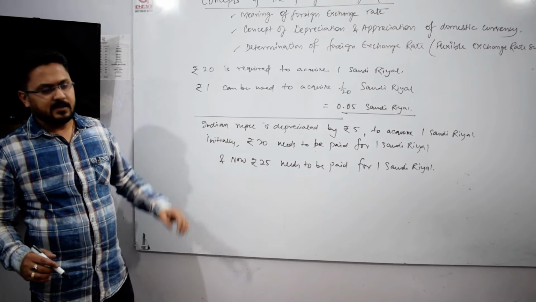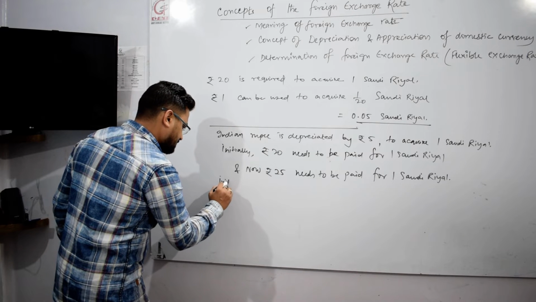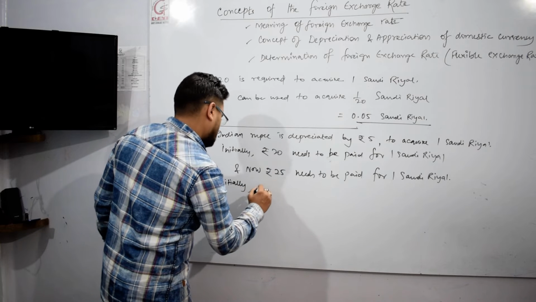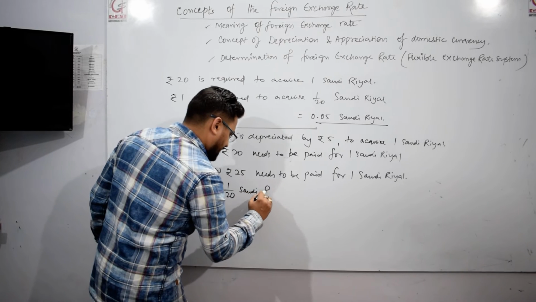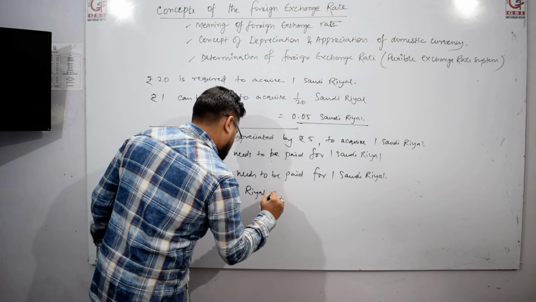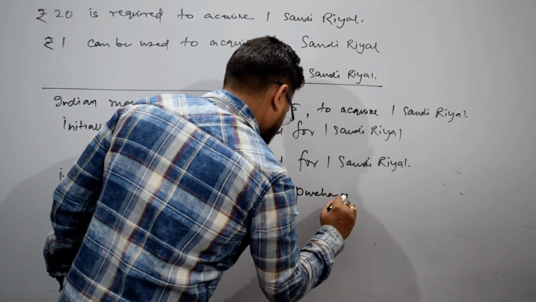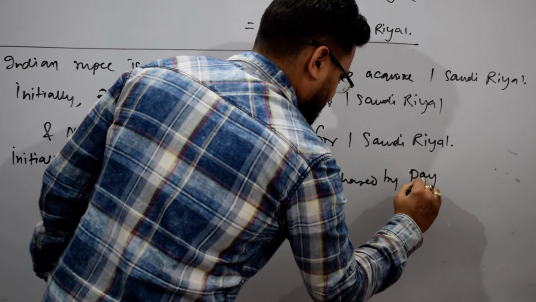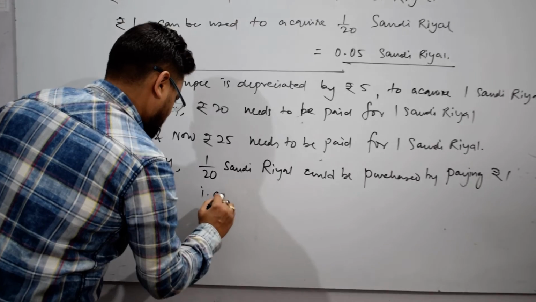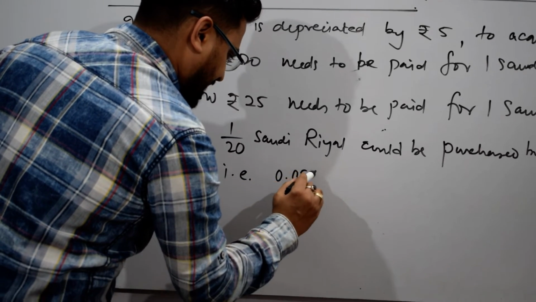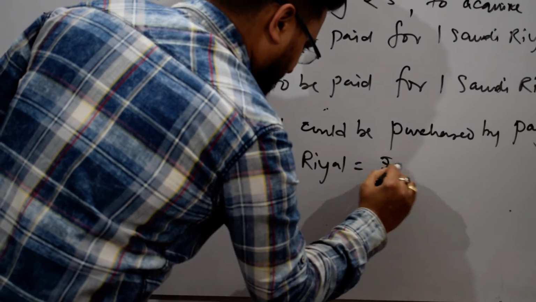Now it can be equated in the other form also. For example, initially 1 by 20 Saudi riyal could be purchased by paying rupee 1, that is 0.05 Saudi Riyal is equals to 1 rupee.